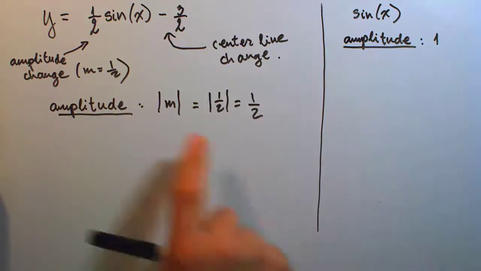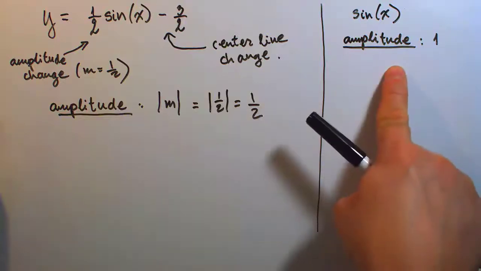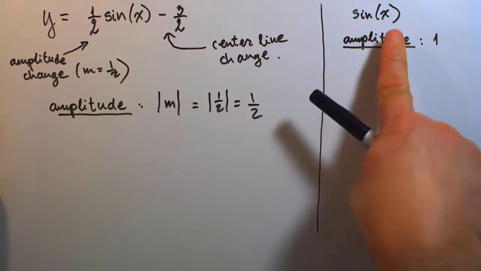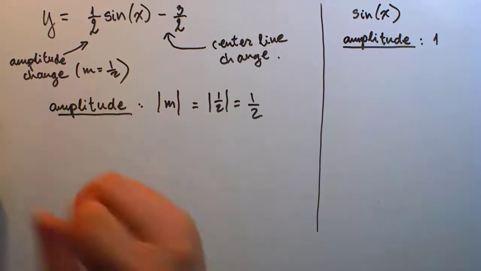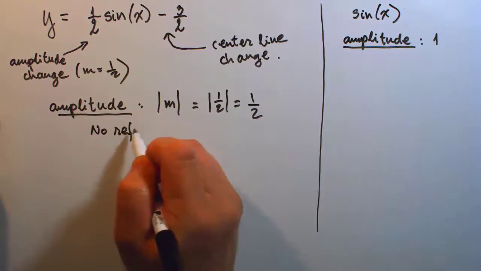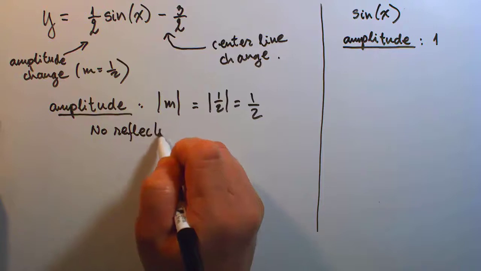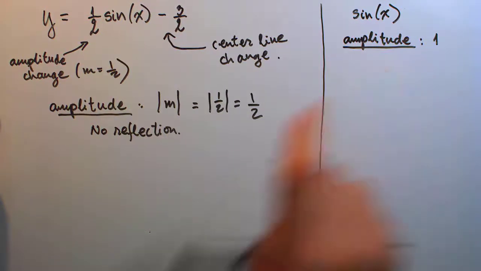So amplitude of this graph here has to be 1/2 compared to the graph of the ordinary sine of x. Since our m here is positive, make a note here, there are no reflections. No reflection compared to the original version.